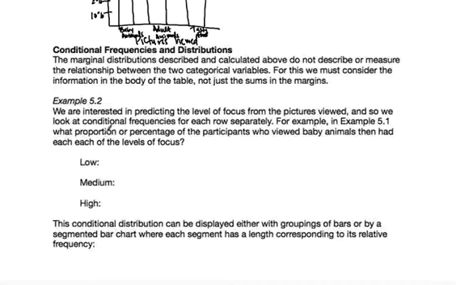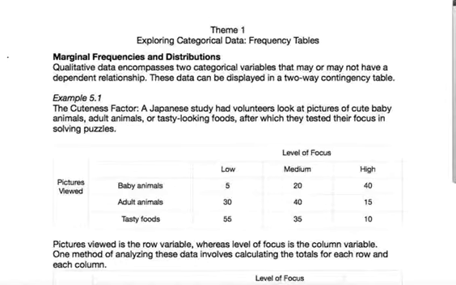For example, in 5.1, what proportion or percentage of the participants who viewed baby animals then had each level of focus? We're looking specifically at people who viewed baby animals and the level of focus that they had.